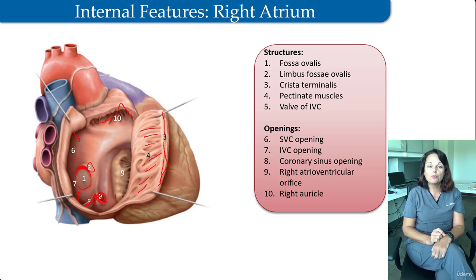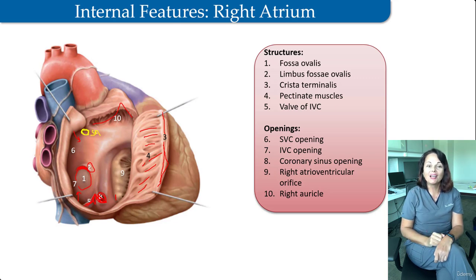The two nodes of the conducting system of the heart, the sinoatrial and atrioventricular nodes, both are located within the walls of the right atrium. The sinoatrial node lies in the upper part of the chamber, next to the opening of the superior vena cava.